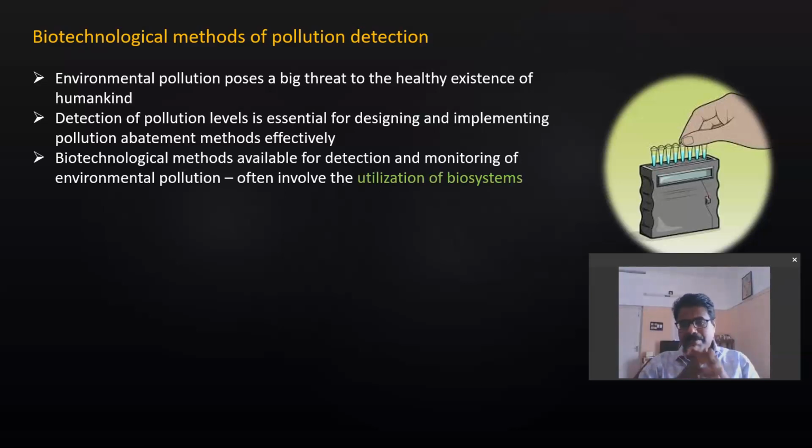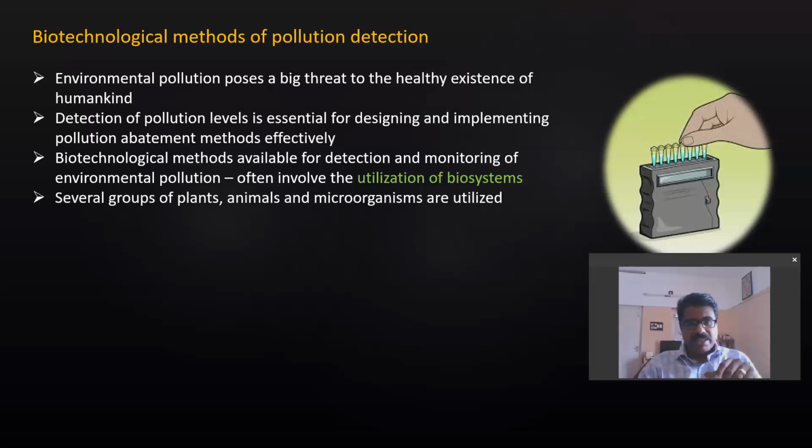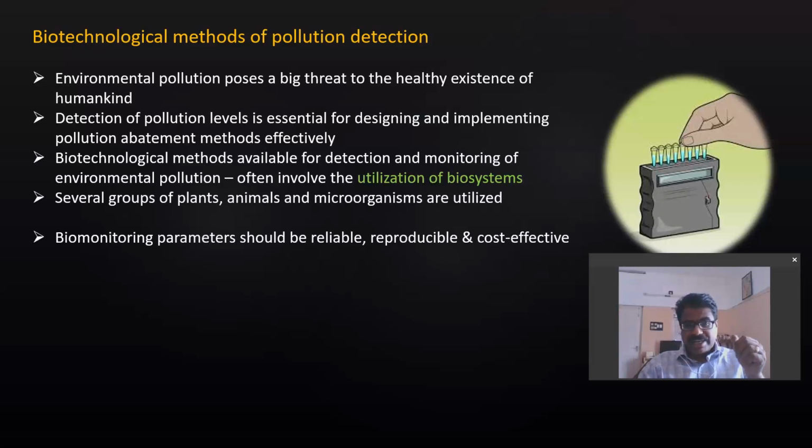What are biosystems? Biosystems are model biological organisms which can be used to detect and abate pollution. Several groups of plants, animals, and microorganisms are used. When we choose these biosystems to deal with pollution, either to detect it, monitor it, or mitigate it, these bioorganisms should possess certain parameters.